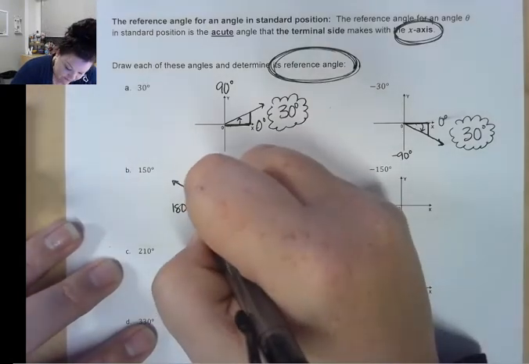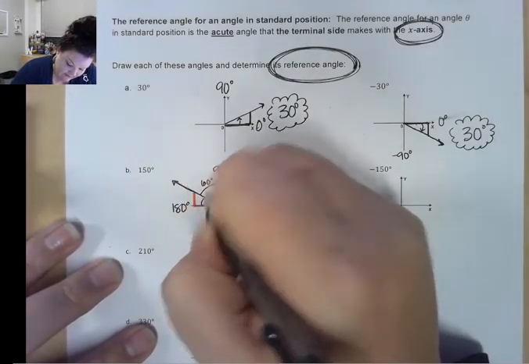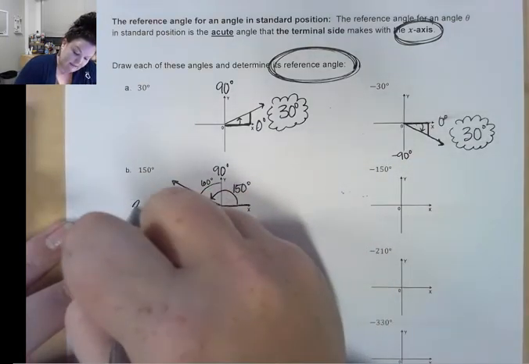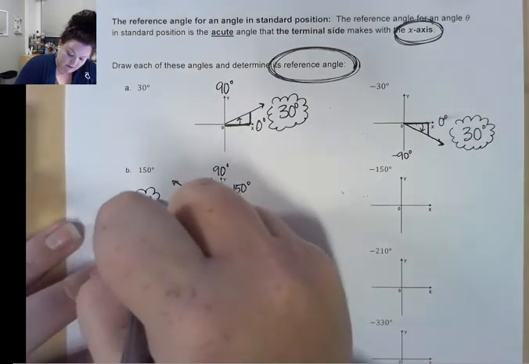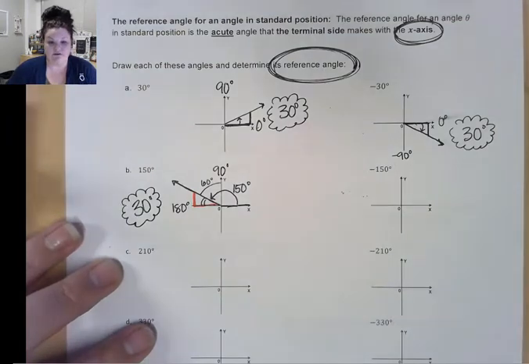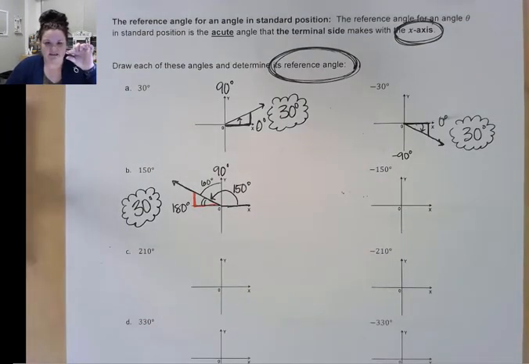So this little distance right here is going to be 30. So this also has a 30 degree reference angle. Does that make sense? It's whatever the angle is that creates the triangle down or up to my x-axis. We're always making the x-axis the terminal side.